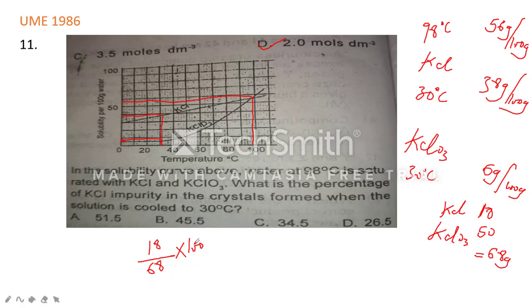So 18 divided by 68, then times 100, that will be 26.4. Actually, I have 26.47. So that will be approximately 26.5, which is option G.